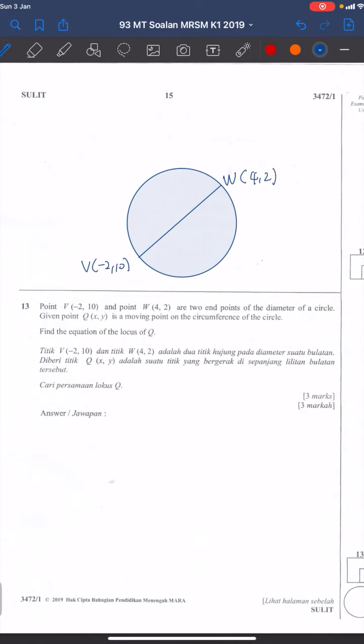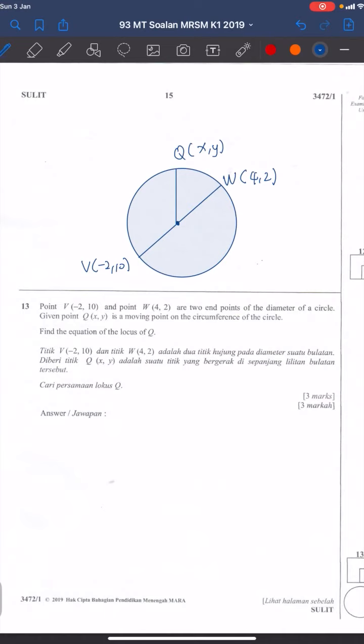Okay, so saya ada one moving point Q. Saya ada satu pusat, center. Saya tarik. For example, this point is Q sebab dia bergerak. So, kita labelkan sebagai X and Y.